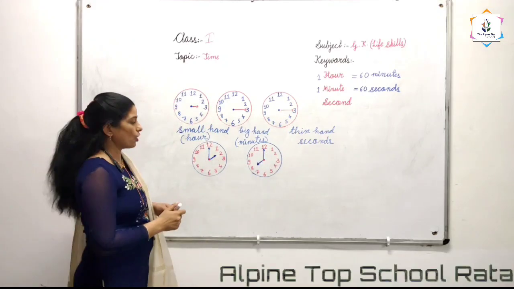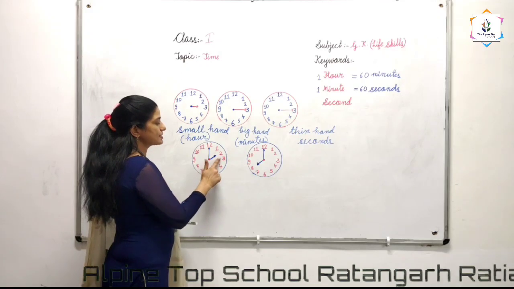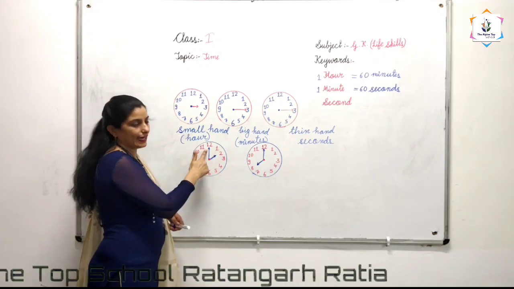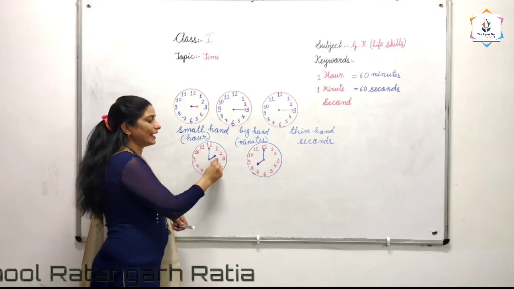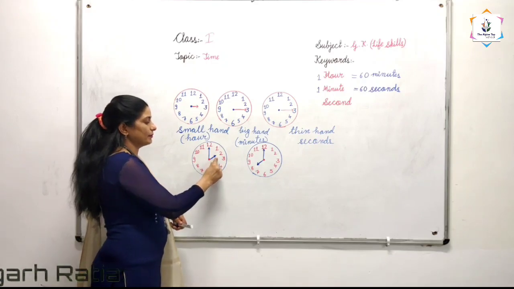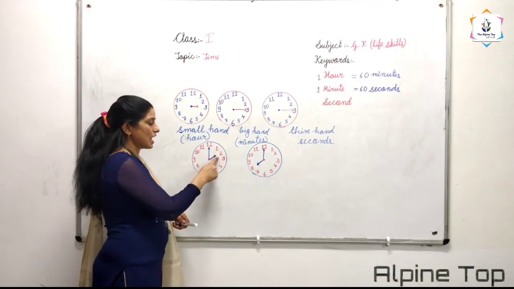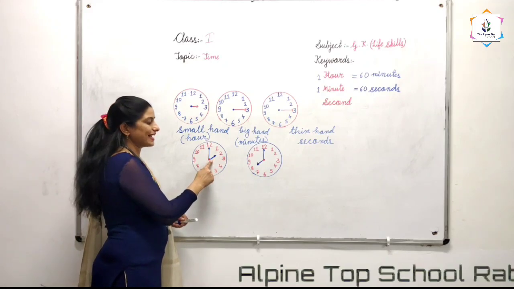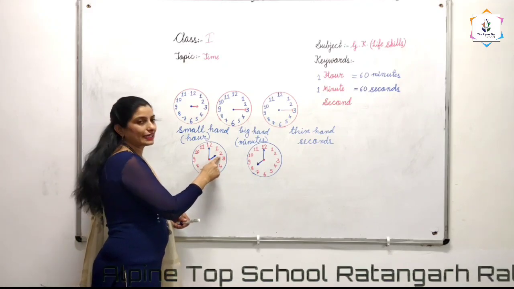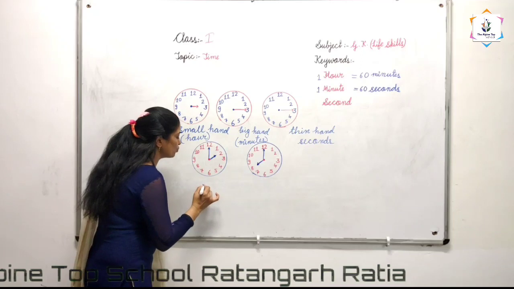Now I am teaching you how we can read the time. Small hand is used to measure hour. So when the hand is at 2, and the big hand is at 12, it is 2 o'clock.